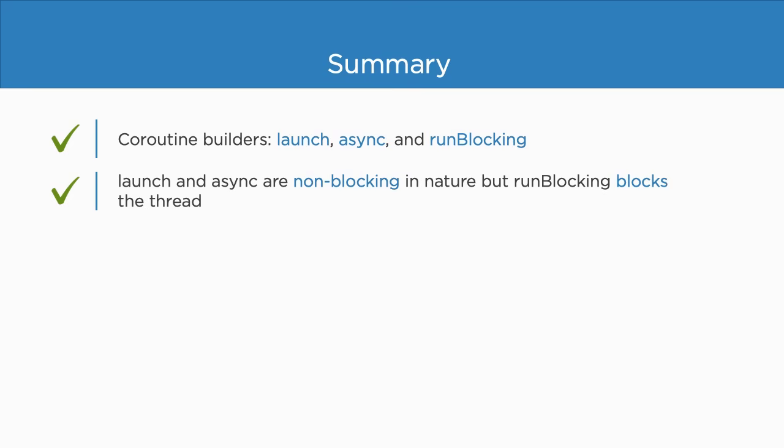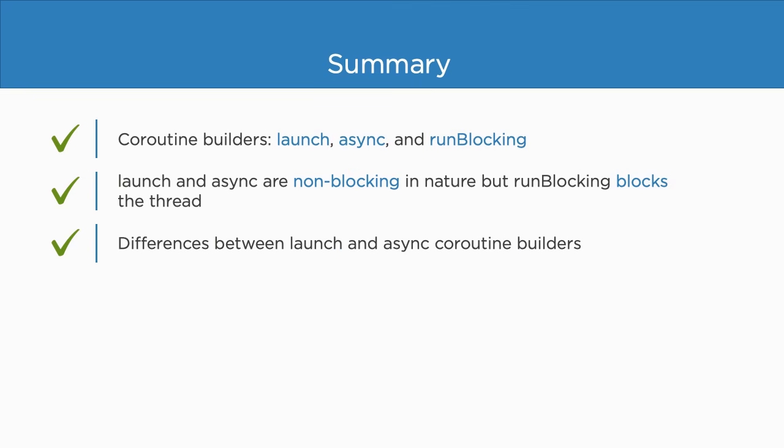So finally, let us summarize our video. Well, in this video we explored what coroutine builders such as launch, async and runBlocking are. Remember, launch and async are non-blocking in nature. But runBlocking is a blocking coroutine which blocks the thread in which it runs. We explored the differences between launch and async coroutine builders.